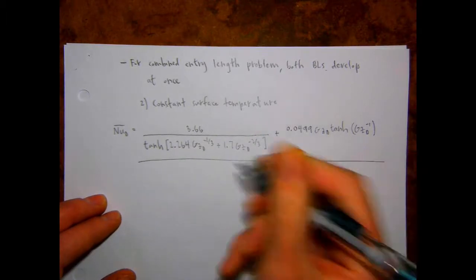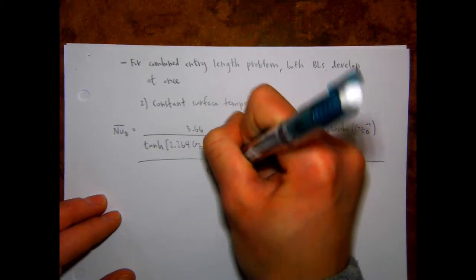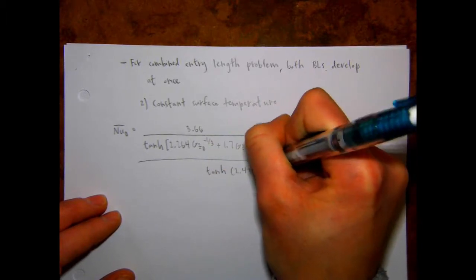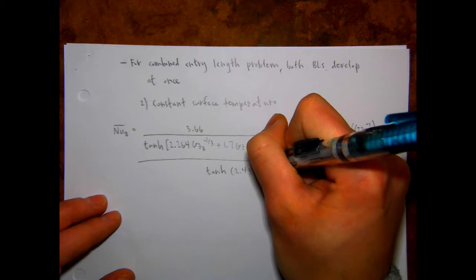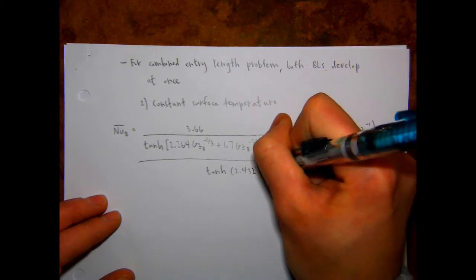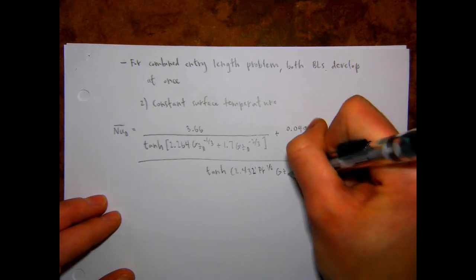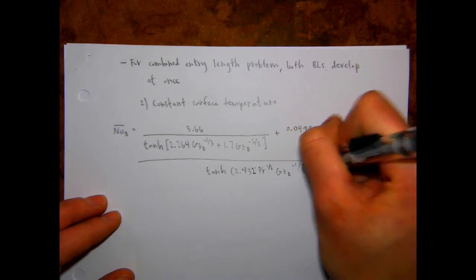And all of that is over the hyperbolic tangent of 2.432 times the Prandtl number to the 1/6 times the Graetz number to the negative 1/6.